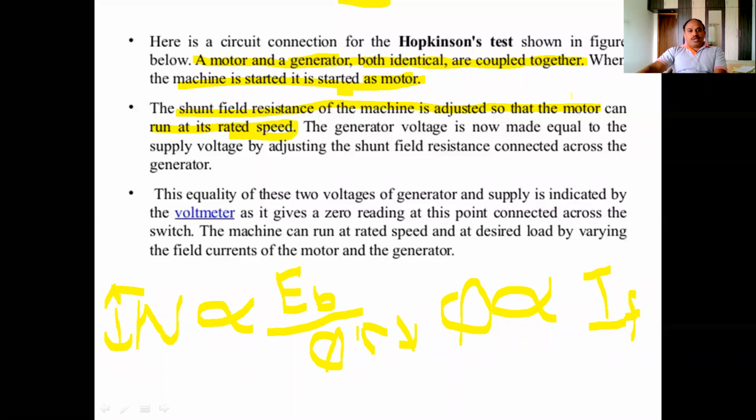The generator voltage is now made equal to the supply voltage by adjusting the shunt field resistance connected across the generator. See, if you vary the motor field rheostat, motor speed varies. So the motor field rheostat is adjusted until the motor runs at rated speed.